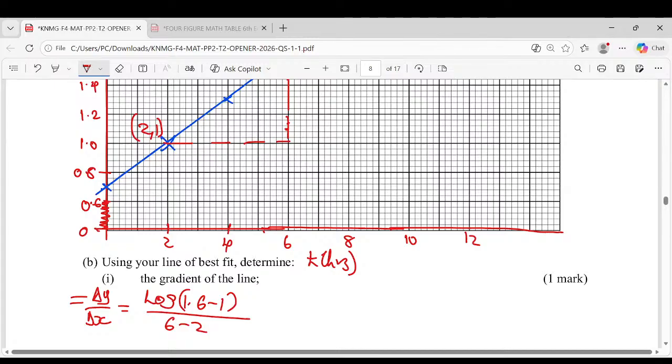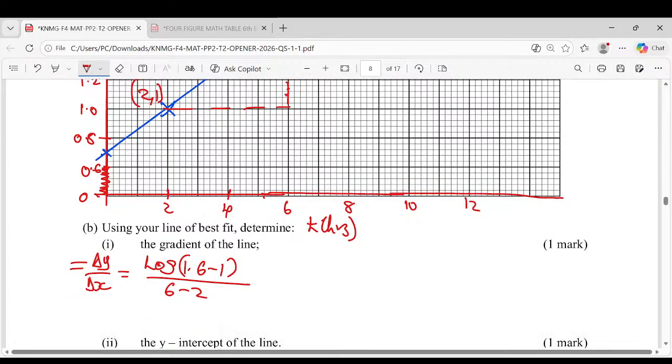So that will become, oh no, just a moment. I'm trying to see.